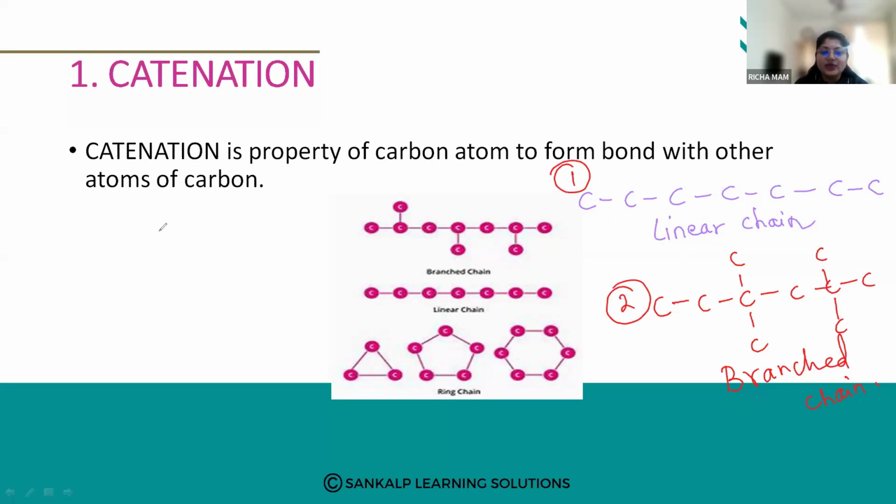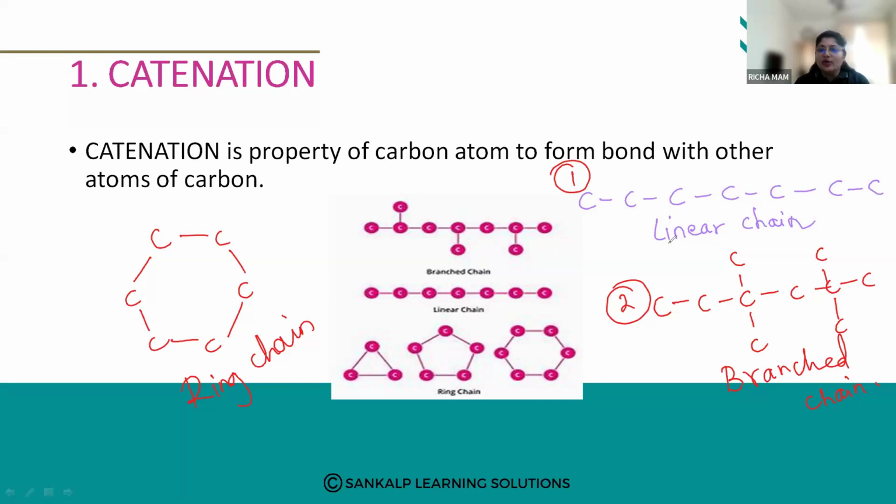Then again, carbon can link in the form of a ring. It can link in such a way that it forms a ring. This is called a ring chain. So these are the three ways in which carbon can get linked. It is self-linking with other carbon atoms and forming bonds.